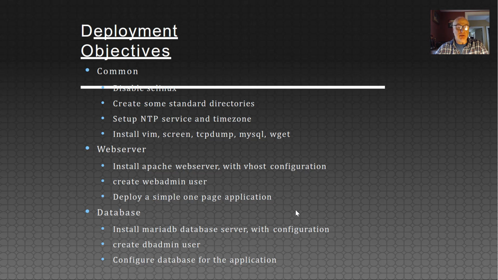So we've got a user in there that we can access using web admin, which is a semi-popular tool to administer web servers, and then we want to deploy a simple one-page application. Our databases, we want to install MariaDB, the server with the configurations that we want. We want to create a DB admin user, and then we want to create a configured database for the application. So basic things we want to do, divided up into common, web server and database.